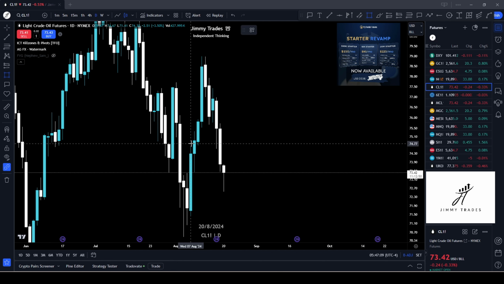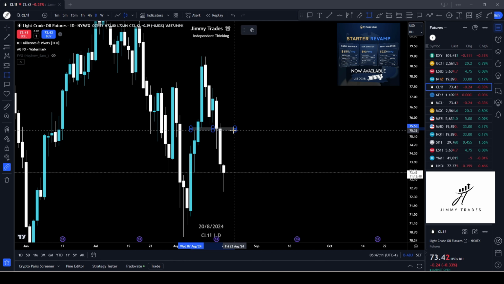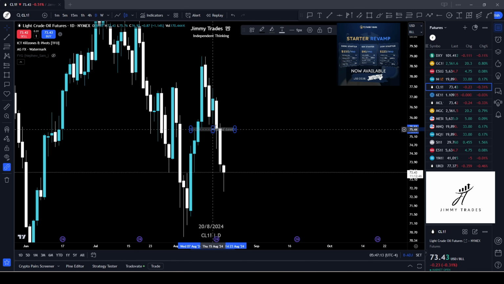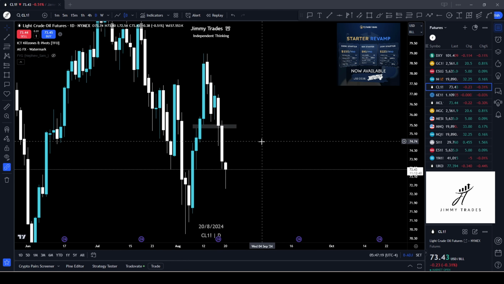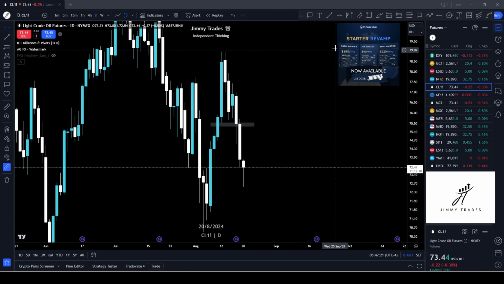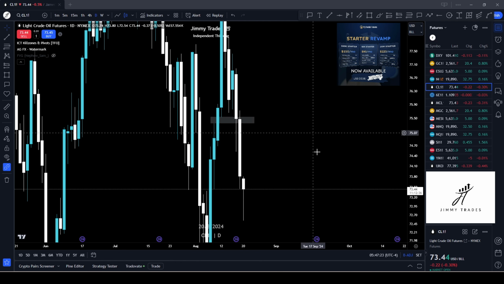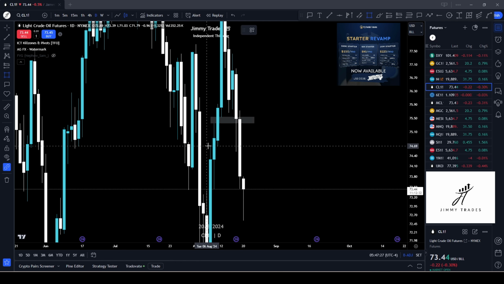So the reason I had a bearish bias moving into yesterday was price was invalidating this bullish FVG here. A lot of people that I'd seen comments about noted that there was also this FVG.